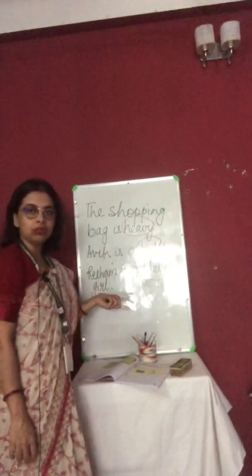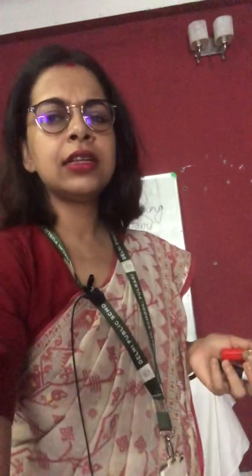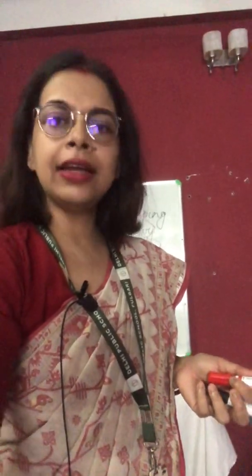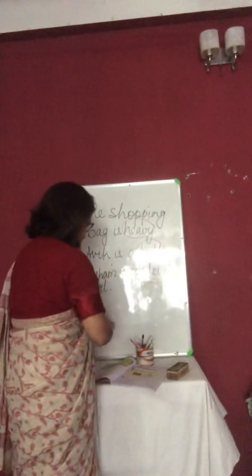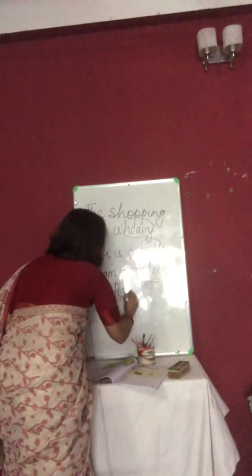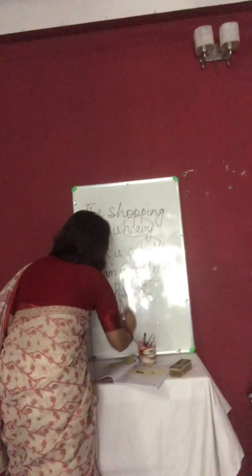Avik is a tall boy. Resham is a clever girl. So these are basically telling us about the nouns present in the sentence. They are all describing words. And they are known as positive degrees.